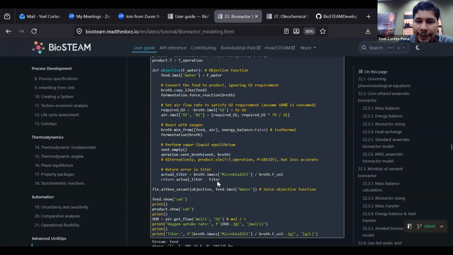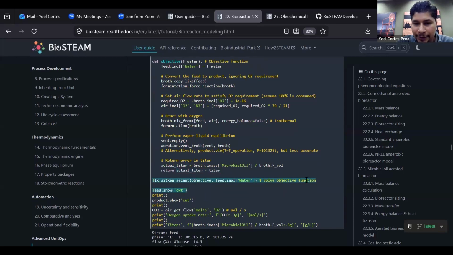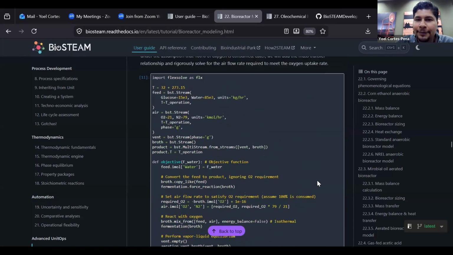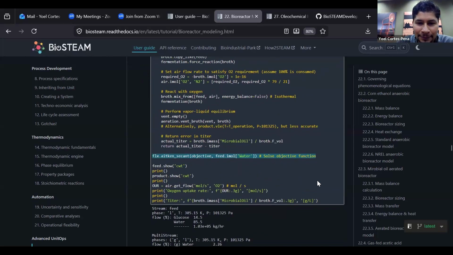We compute the titer, and that gives us the titer as a function of the amount of water coming in. And then we can solve it numerically. Now, again, this is not what you would do to solve an aerobic bioreactor in BioSTEAM. Rather, this is letting you know about the underlying equations and algorithms that happen within the unit operation.